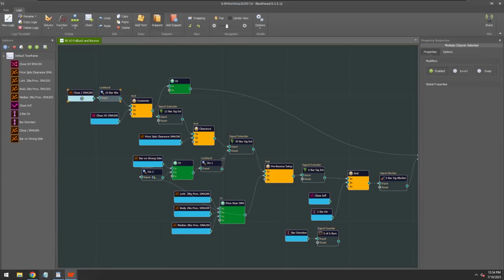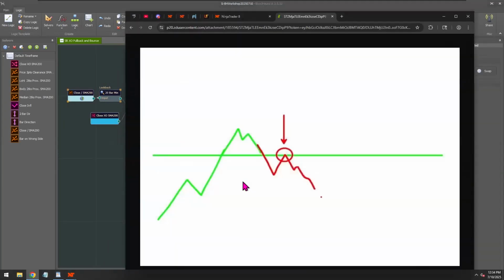That pre-filtering is requiring the market to be on one side of the SR line for a minimum of X number of bars before it crosses over. So that way this eliminates a bunch of crisscrossing before getting to the red line there.